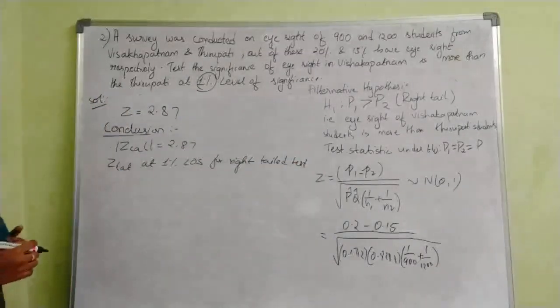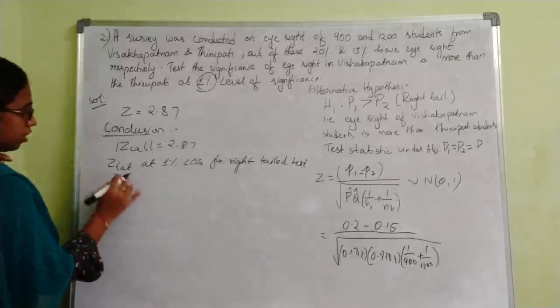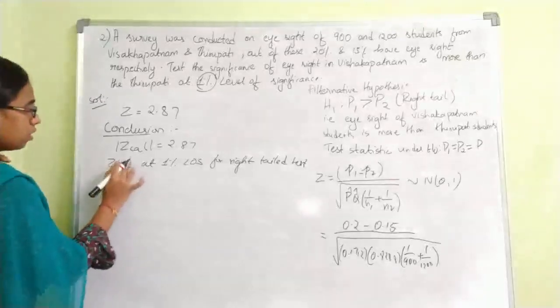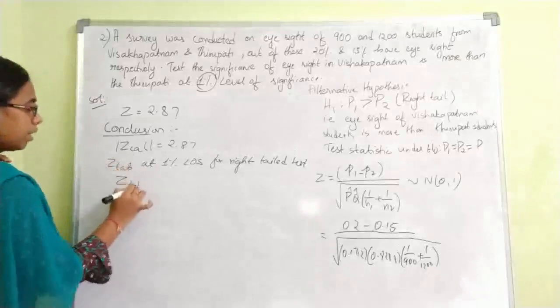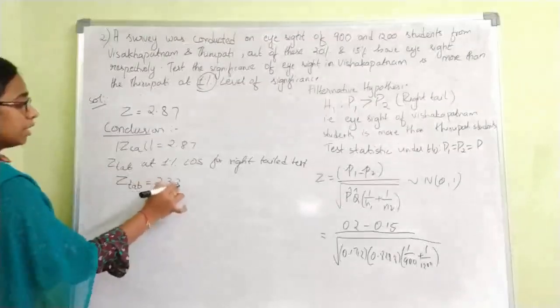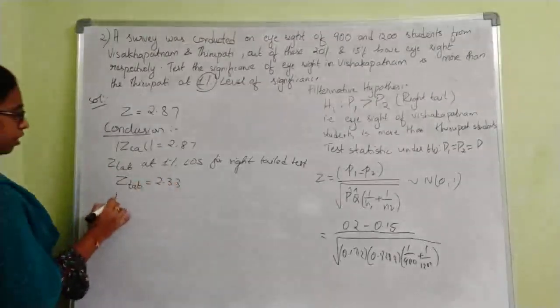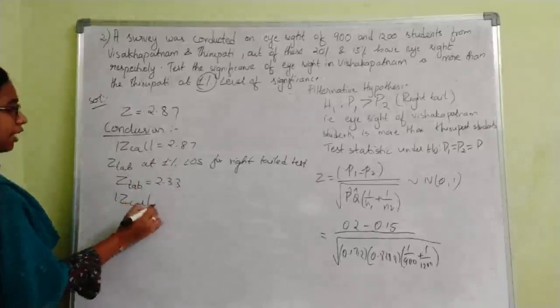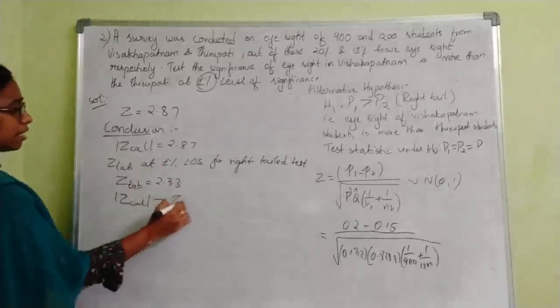So it is 2.33. Z tab equals 2.33. So if you observe here, mod Z calculated is greater than Z tab.